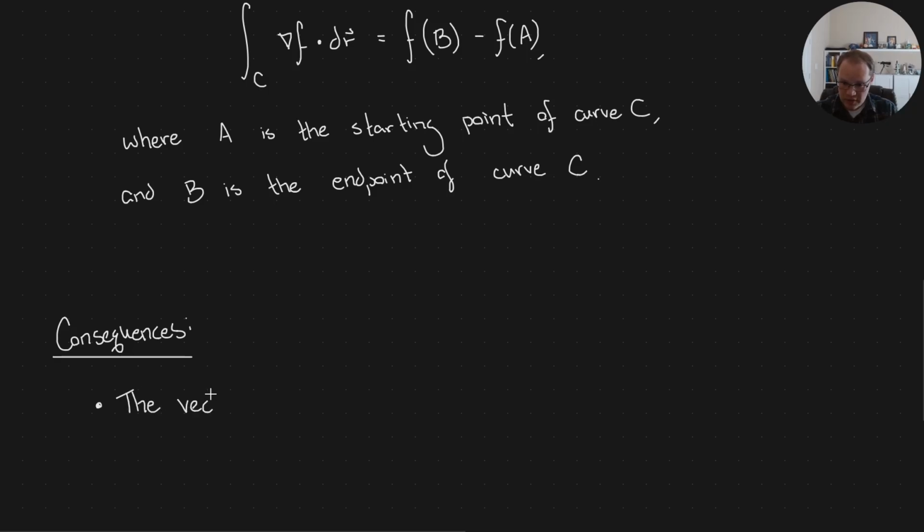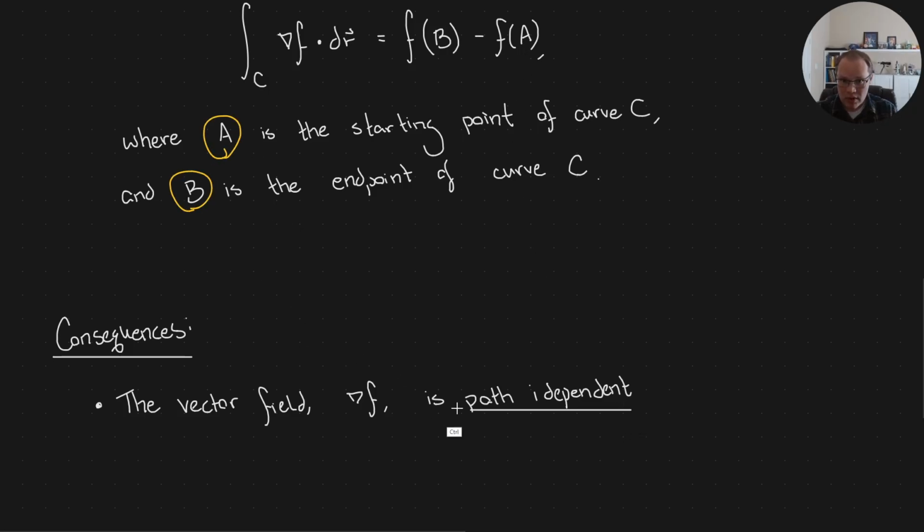The vector field, the gradient of f, is path independent. So what does that mean, to be path independent? It means it doesn't matter the path I take to get from our starting point A to our ending point B. It doesn't matter what curve C is, it matters what the endpoints are.